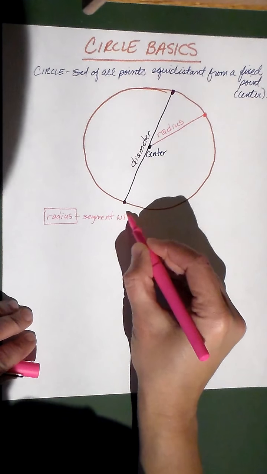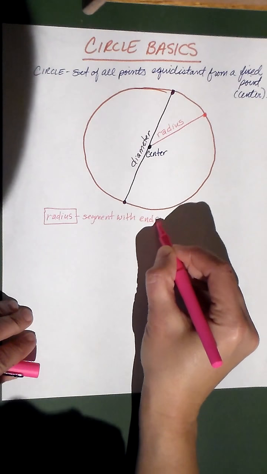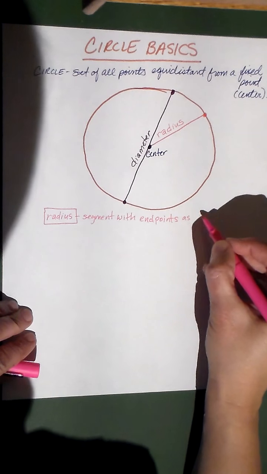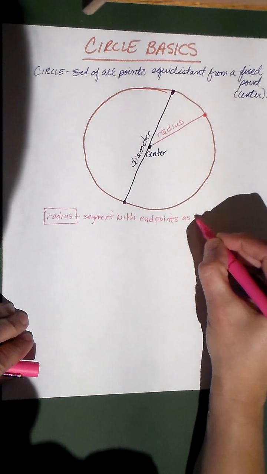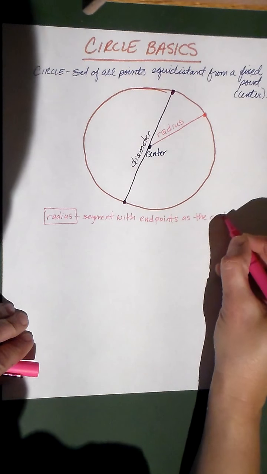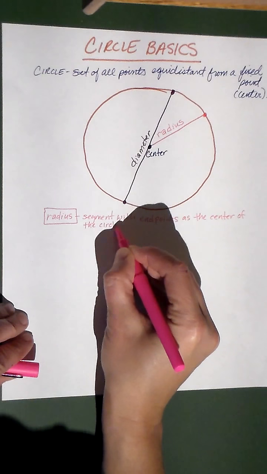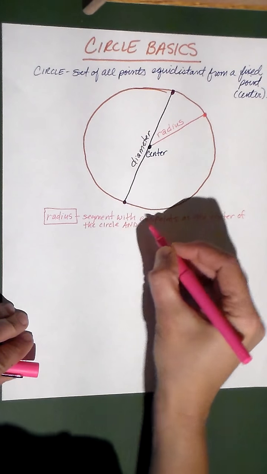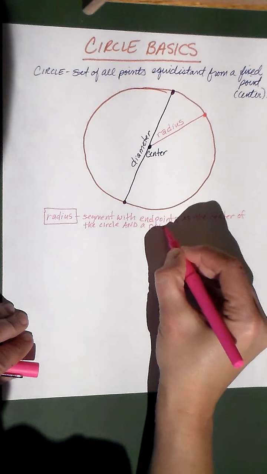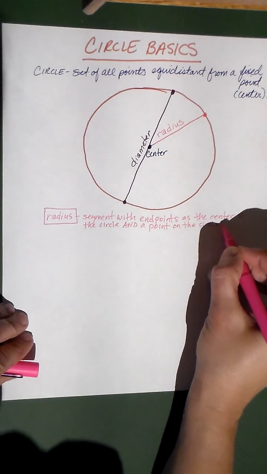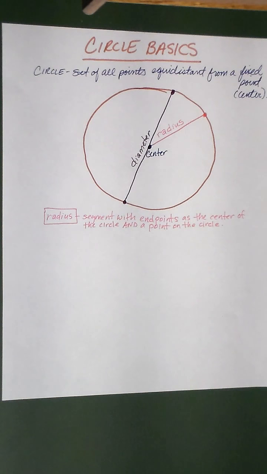Is the segment whose endpoints are the center of the circle and a point on the circle. Just so you can read it a few times, because you love to read in math. So a radius is a segment with endpoints as the center of the circle and a point on the circle.